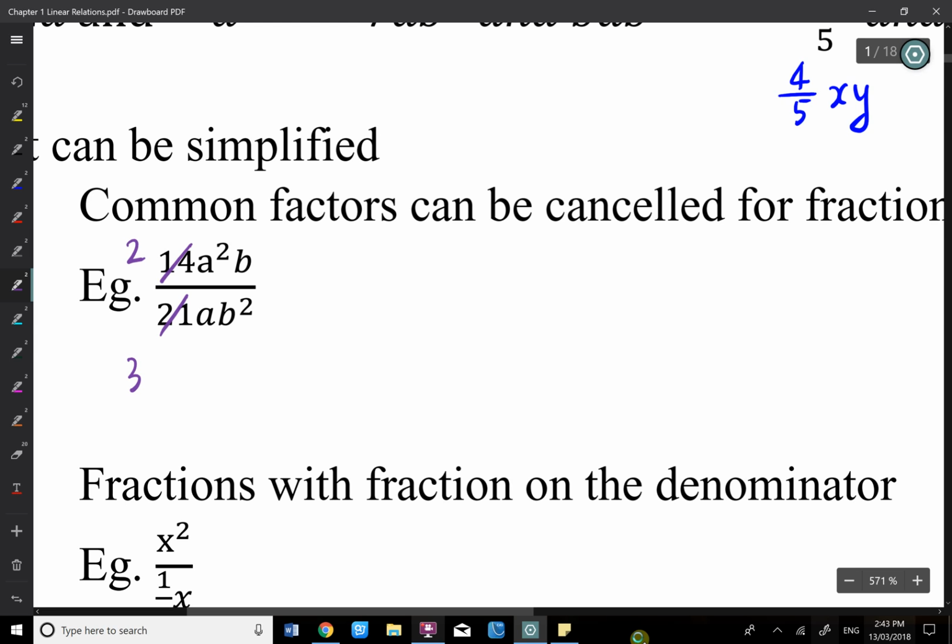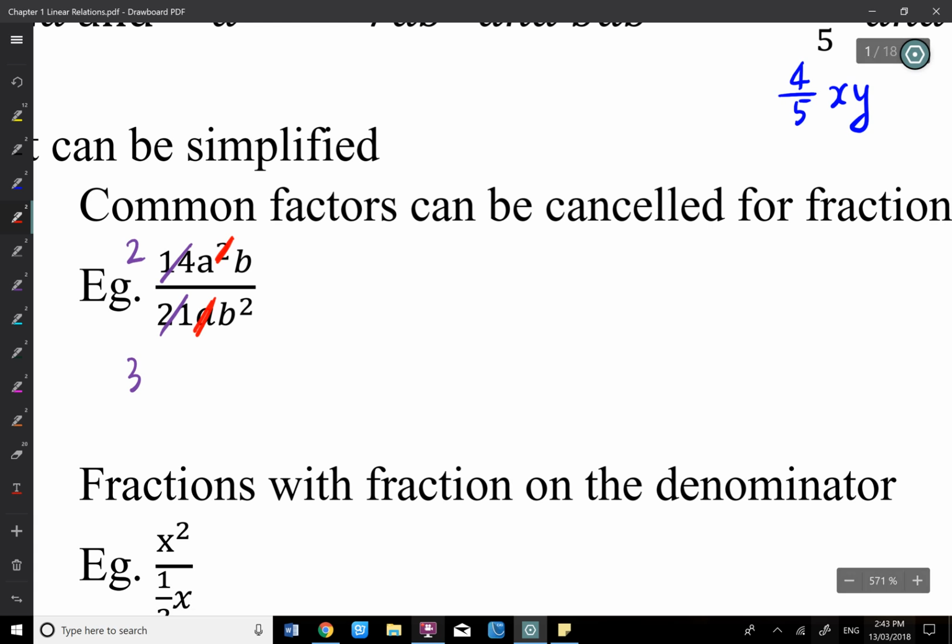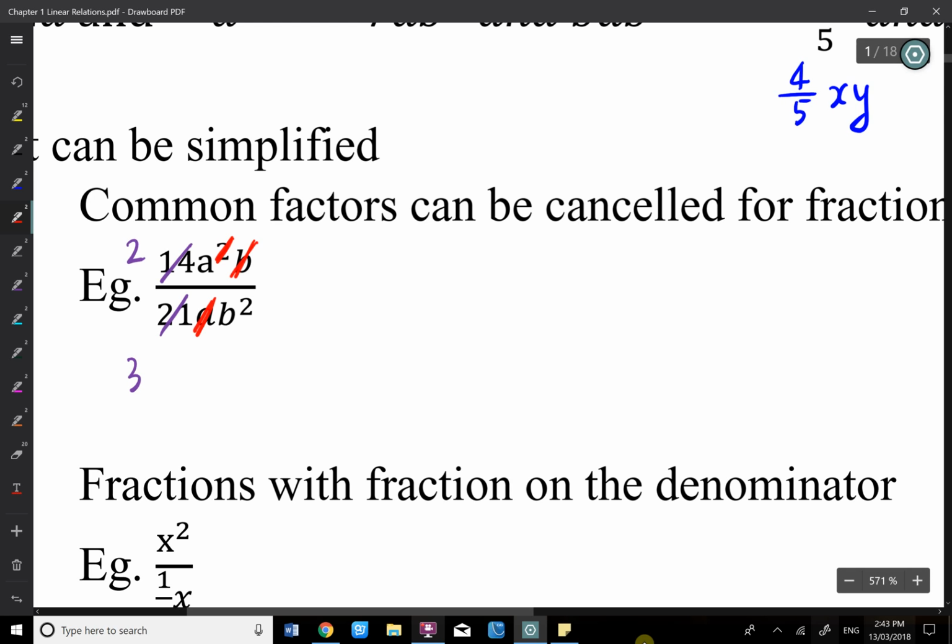We have a squared and we have a, so we can divide by a. The square is gone, and the a gets cancelled from top and bottom. For the next one, we have b and b squared. The b can be divided from top and bottom. So what we are left with is 2a over 3b.